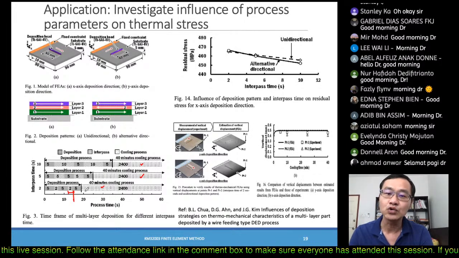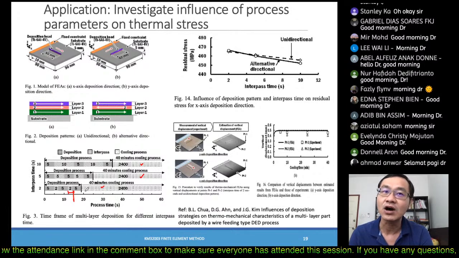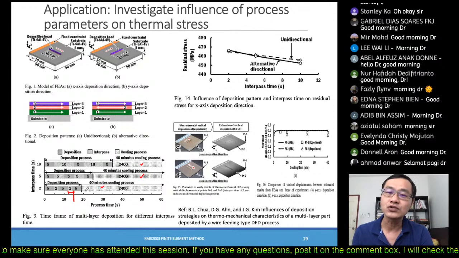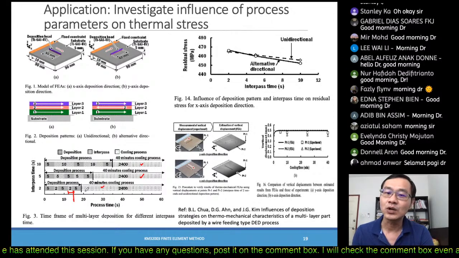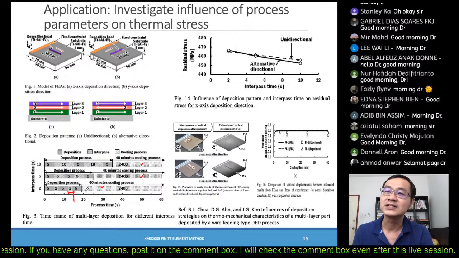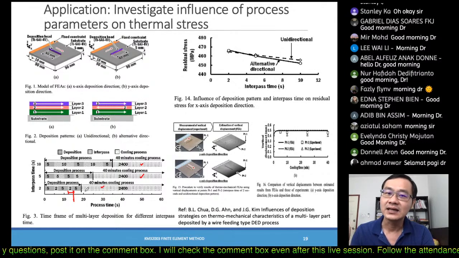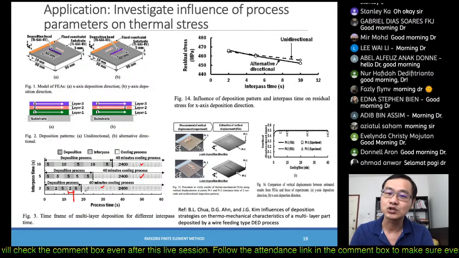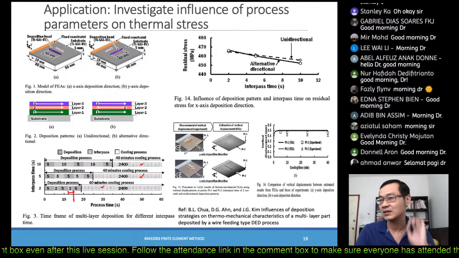So we can do all this investigation instead of doing the real testing and then a lot of post experimental work, like cutting the specimen and running it on another equipment to test the residual stress. We can always estimate the residual stress.